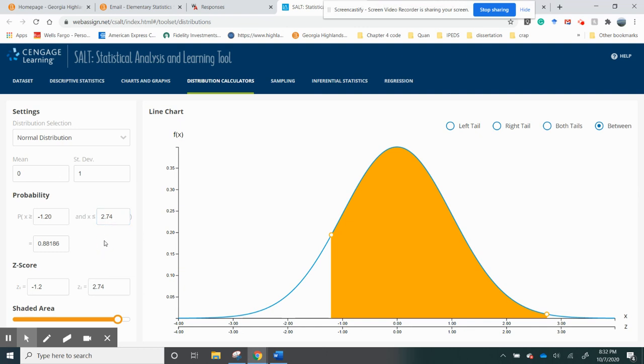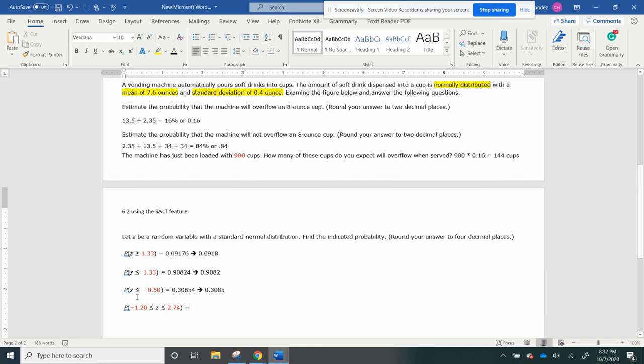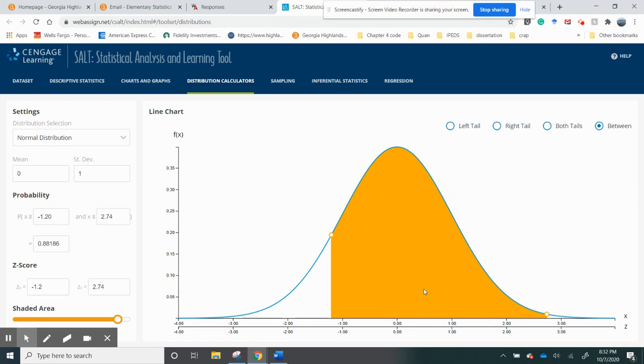If you do that, you get the between, because here is the negative 1.20 and up here is the 2.74. That's how you know. The area is between these two, and that's how you use the SALT for that.